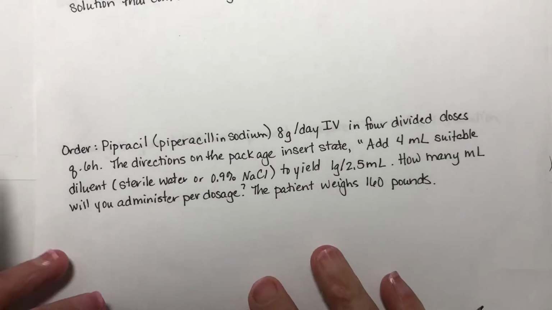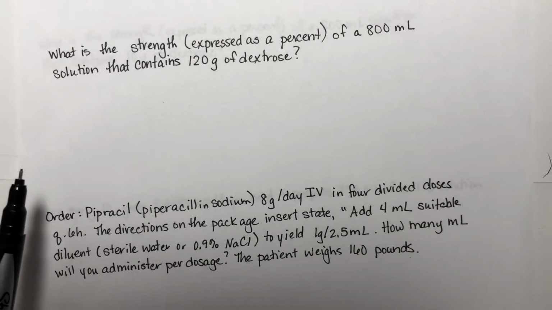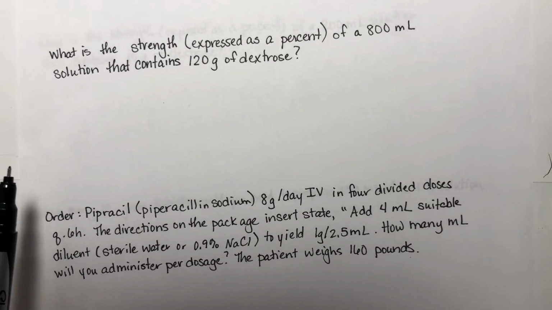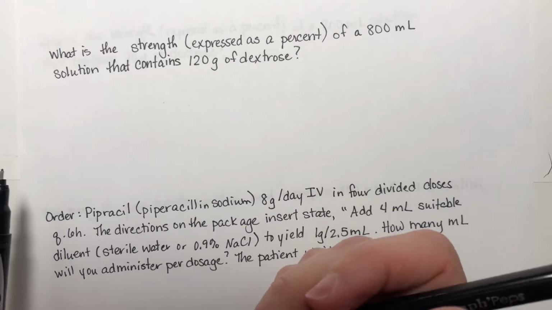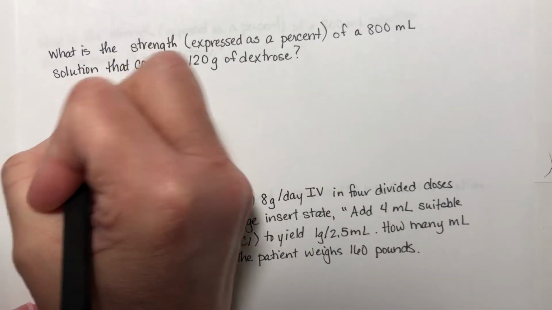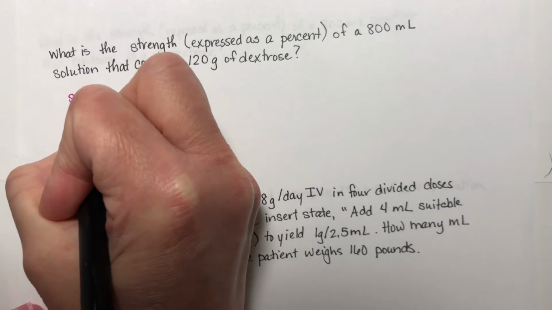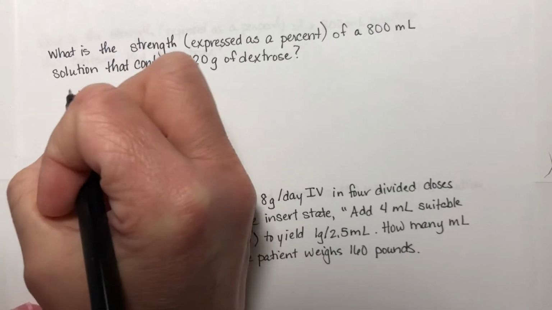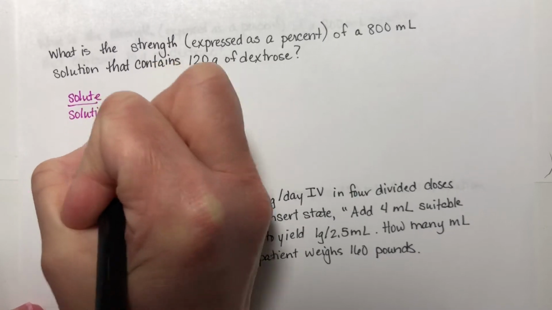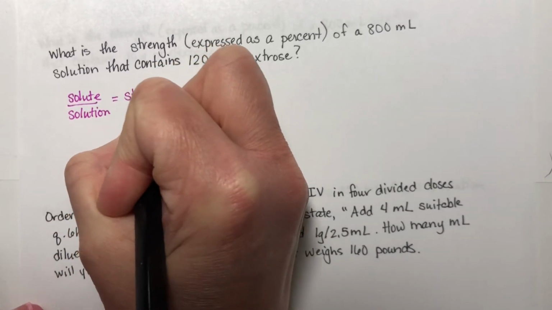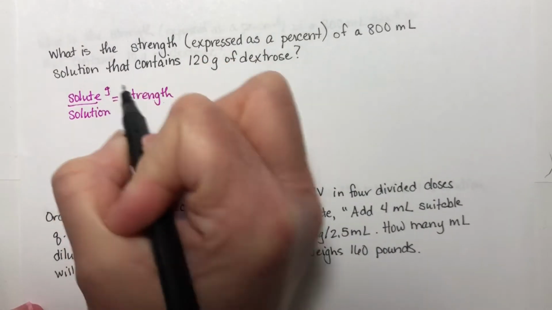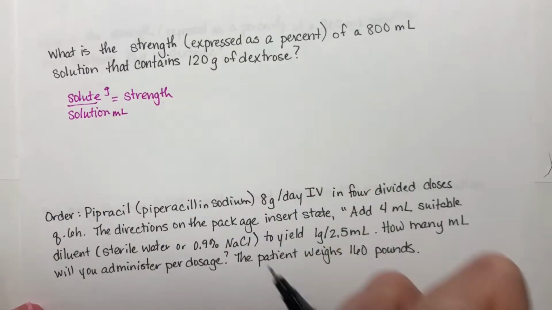Okay. The next problem. What is the strength expressed as a percent of an 800 milliliter solution that contains 120 grams of dextrose? The thing for us to remember is that the solute over the solution gives us the strength. Usually the solute is in grams and this is in milliliters.